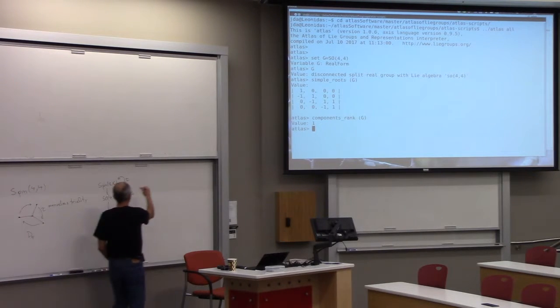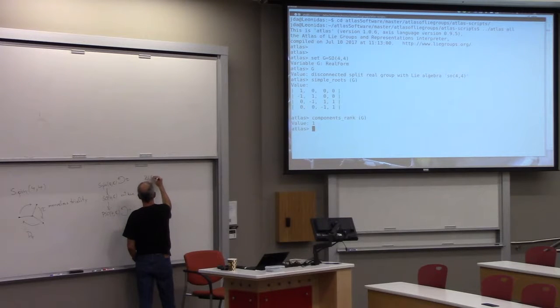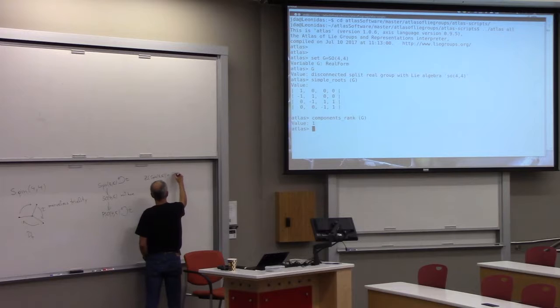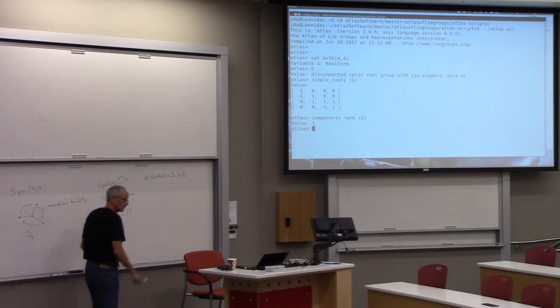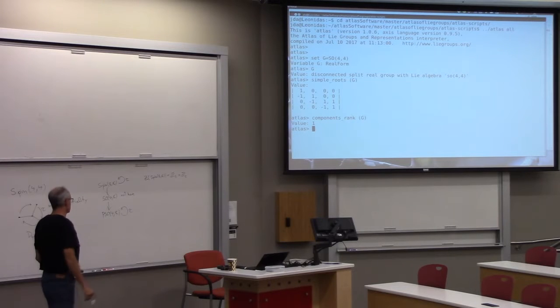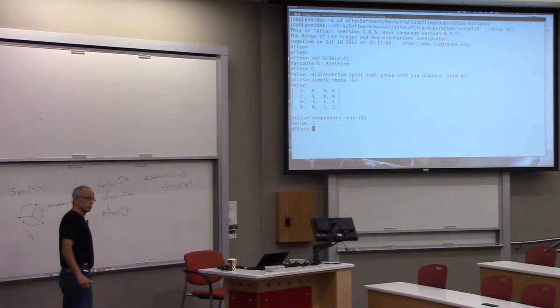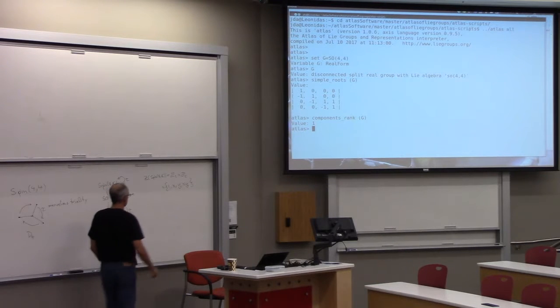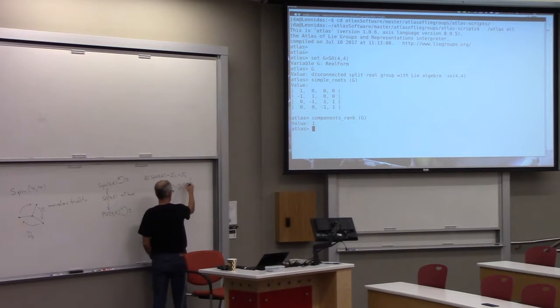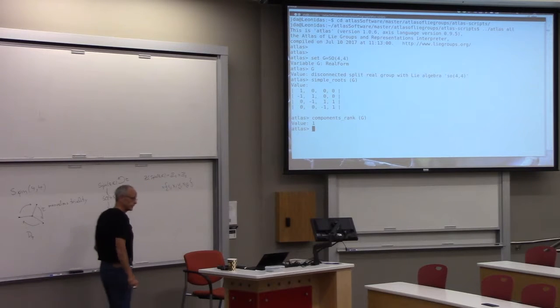The center of spin 8 is equal to Z2 cross Z2. This has 4 elements, 1, X, Y, and XY, 3 elements of order 2. And the triality cyclically permutes those 3.